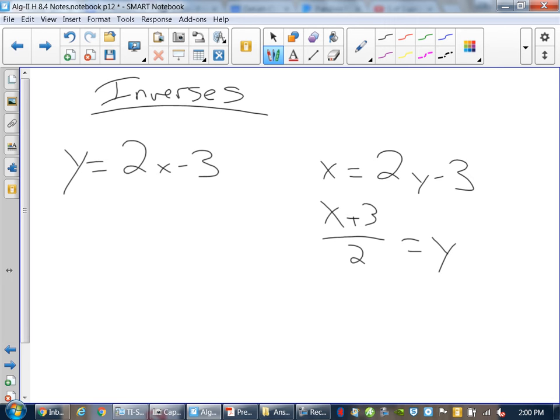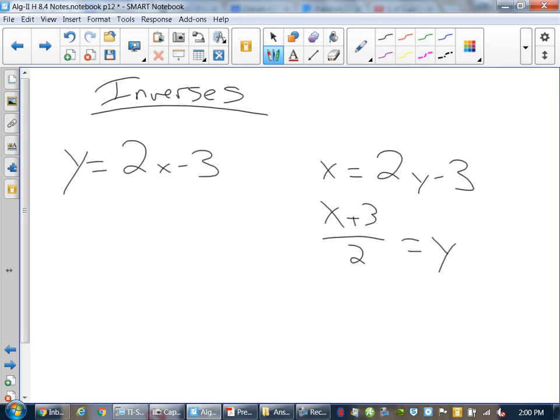That was when we did function notation, f of x and things like that. To verify that these two were inverses, f of x was 2x minus 3, and g of x was x plus 3 over 2. You'd put in one for the other.